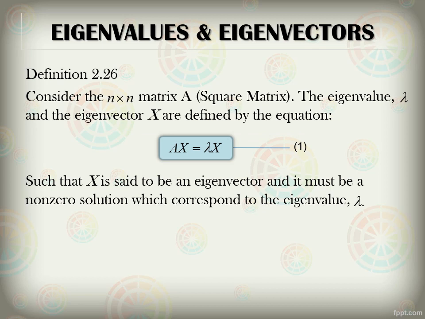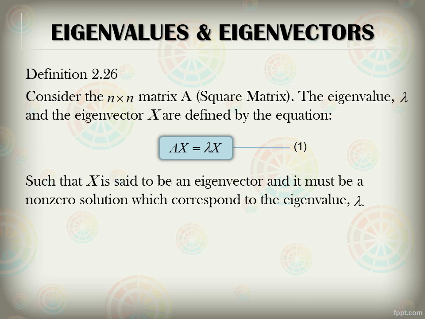Alright, you might be wondering what is eigenvalues and what is eigenvectors, right? So eigenvalues and eigenvectors are very important, especially when you deal with a system of linear equations, because it can give a simpler solution if we compare to finding the solution for the system by using the methods that we have learned before.